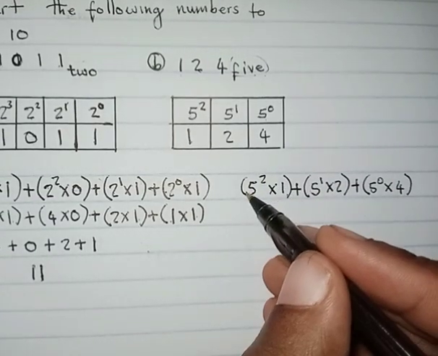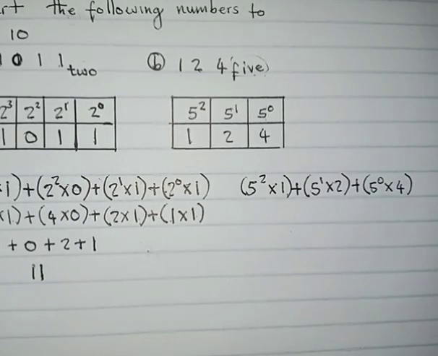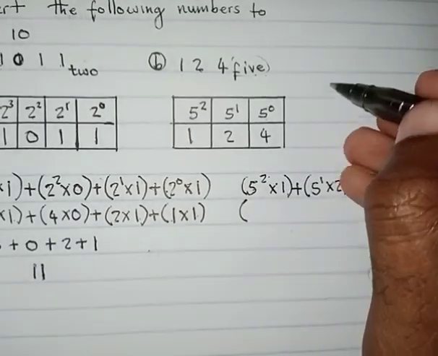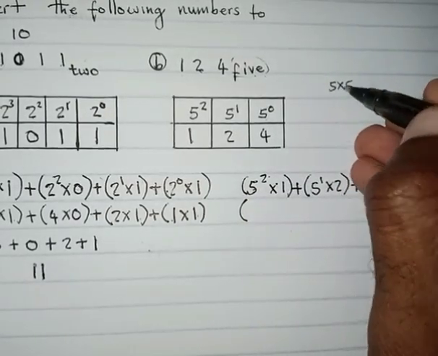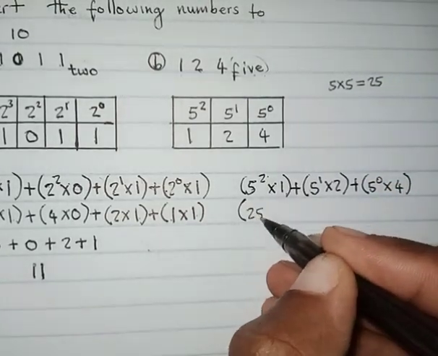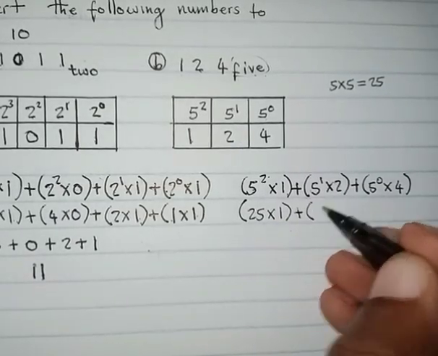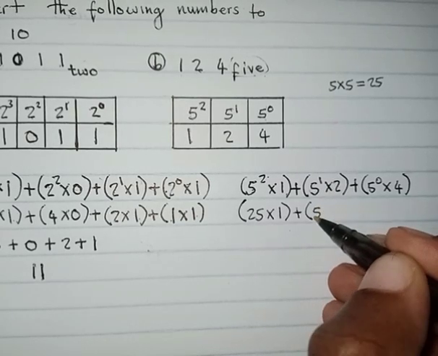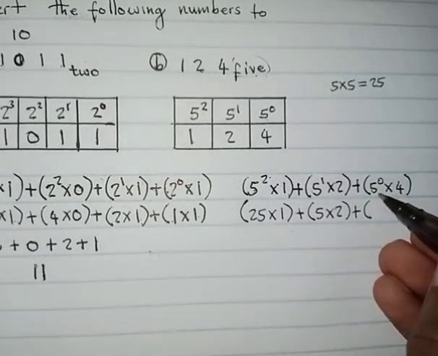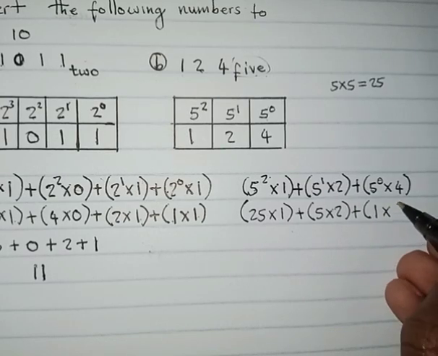For the first digit, 5 to the power 2 means 5 times 5, and the answer is 25. So we have 25 times 1, plus 5 to the power 1, which is just 5, multiplied by 2, plus any number to the power 0 is 1, so we have 1 multiplied by 4.